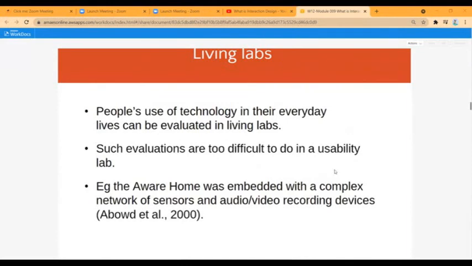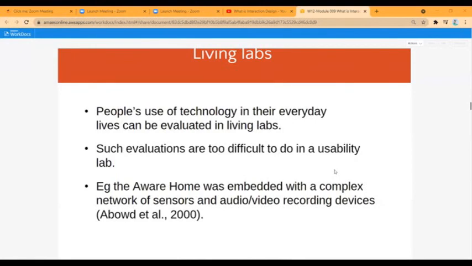Living labs, okay, people's use of technology in their everyday lives can be evaluated in living labs. Such evaluations are too difficult to do in a usability lab.